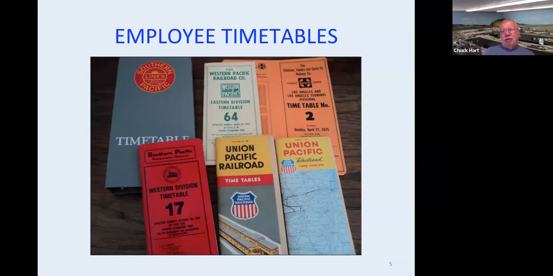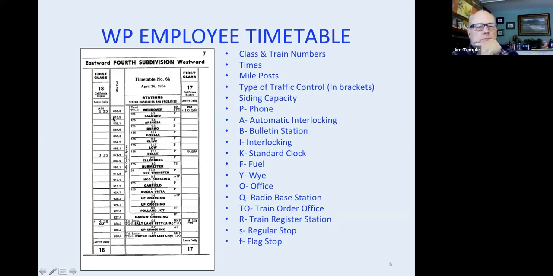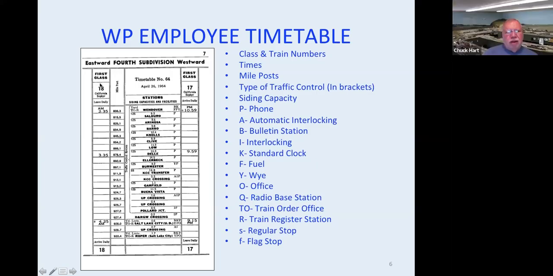So how do we use that timetable for a model railroad? Well, if we take a look at the employee timetable, you'll see that there's all kinds of stuff listed on it. Can you see my mouse? Yep. Okay, so besides a train number and times for those trains, you'll see that it also shows milepost markers.